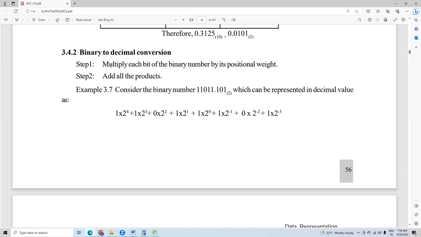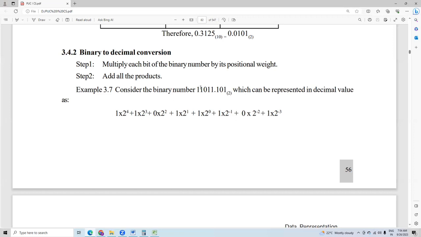Here, each bit, each binary digit, will be the input value, and the output you have to produce is the decimal value. So multiply each bit of the binary number by its positional weight. Binary's positional weight is 2. Add all the products, right? You will get the final answer.